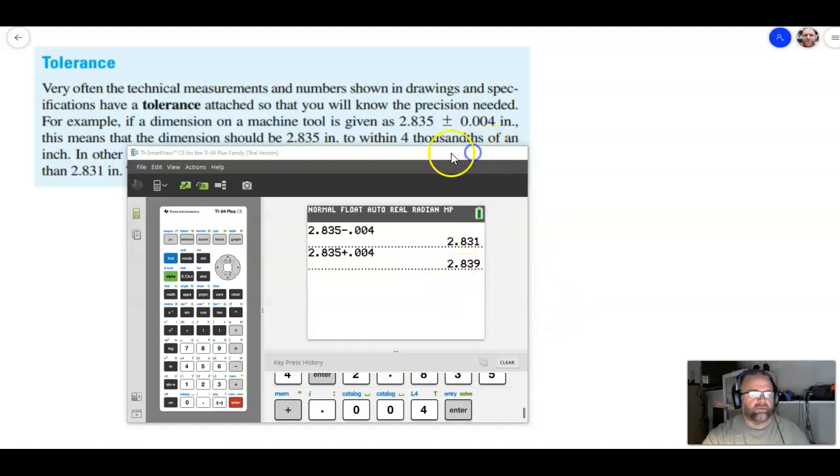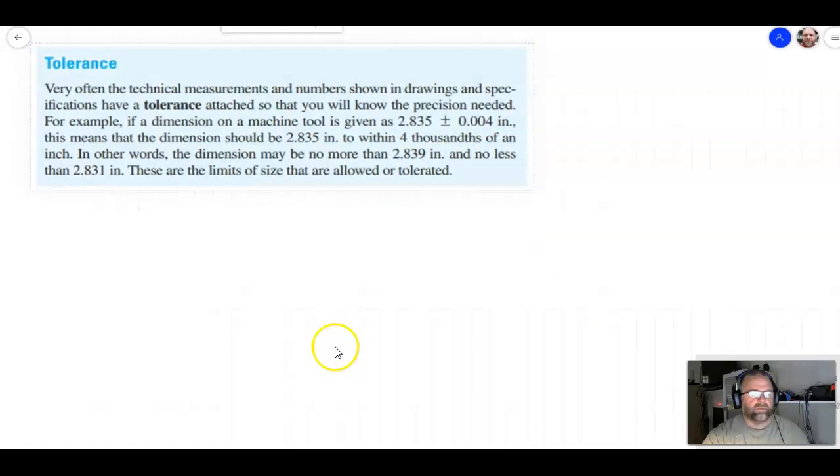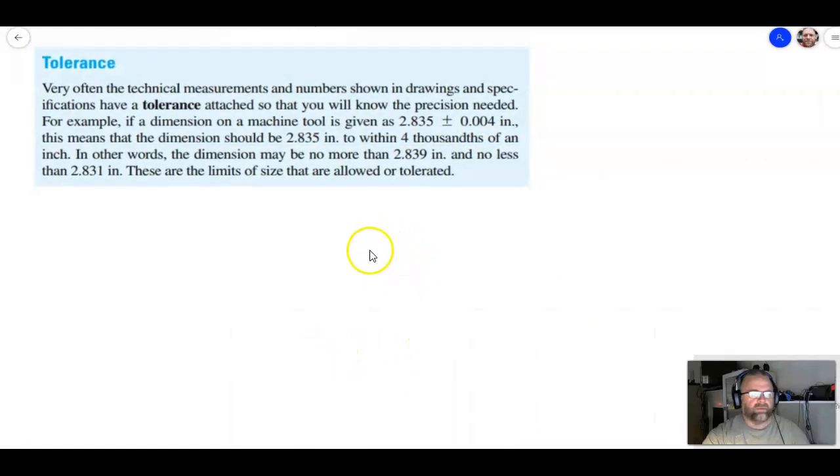So let me give you an example, and I want you to tell me the precision of our value and also the upper and lower limits here. So, all right, let's say we have 30.52 inches.